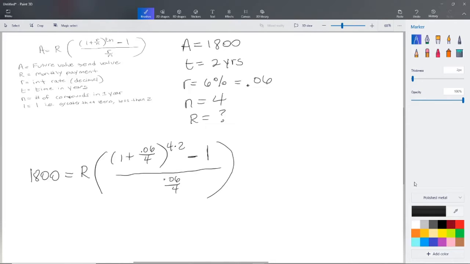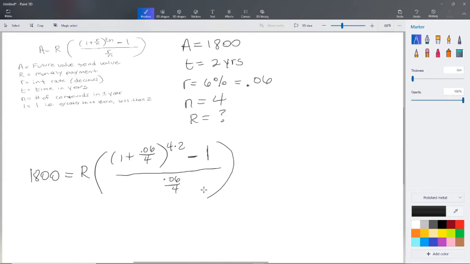It looks a little complicated when we finish writing it down, but no more so than the first time we did it when we were calculating what A was in example 1. The key to getting this problem to calculate properly on the calculator is to do the big parenthesis first and get that number. Because to find our R value, we're going to take 1,800 and divide it by whatever we find this big parenthesis to be.